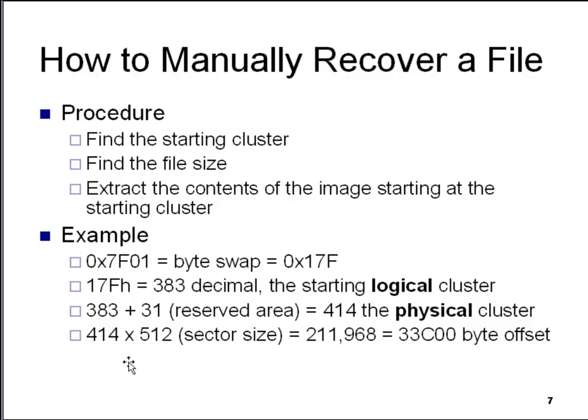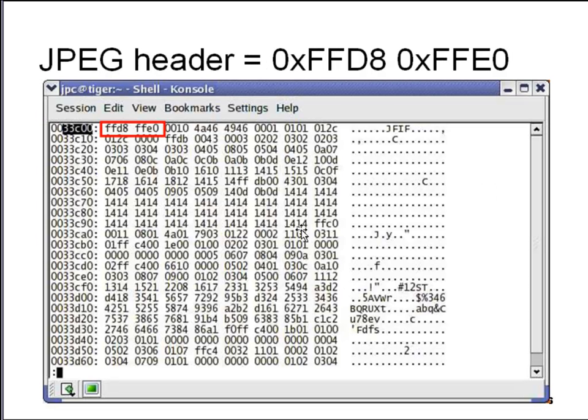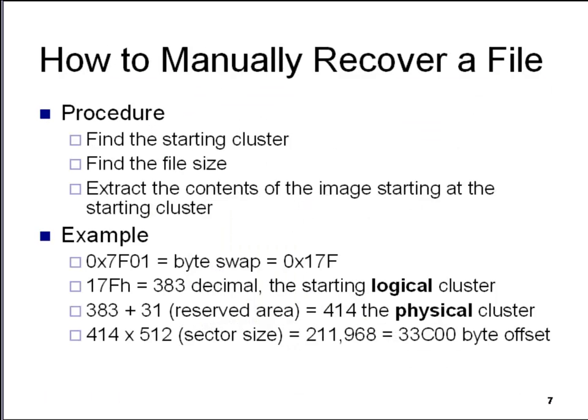And then if we multiply 414, the physical cluster, by the number of bytes per sector, we get 211,968, which means the byte offset is 33C00. And if we go back here, it's essentially what we've seen here. So we know, based upon the contents of the root directory entry for this file and the fact that this has a JPEG header, that we're looking at the file that we want to recover.